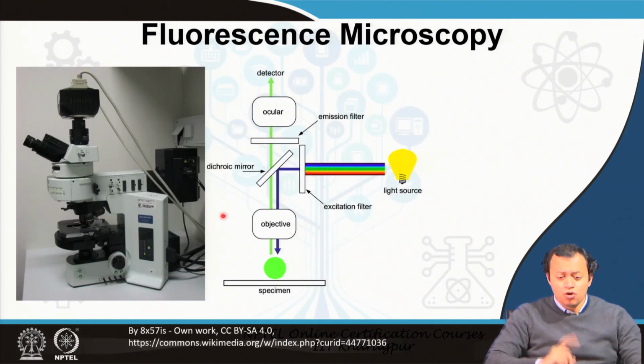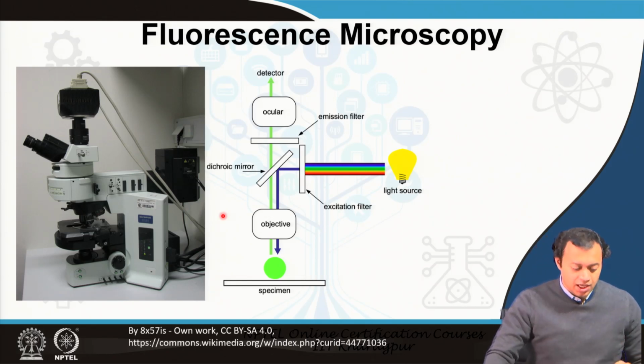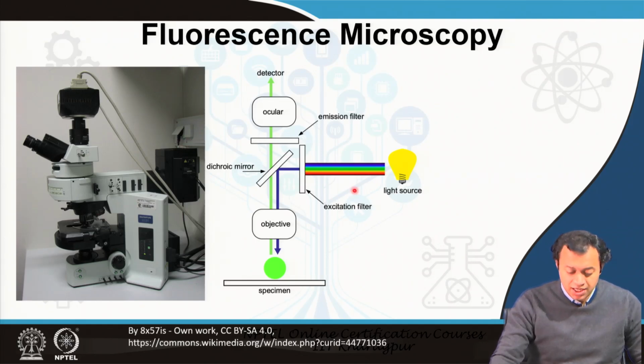So, fluorescence microscopy, quickly go through it. I am getting tired of teaching the same thing over and over. This is repetition, you understand. You have a specimen, there is a light source, we have an excitation filter, a particular light is being made to fall.